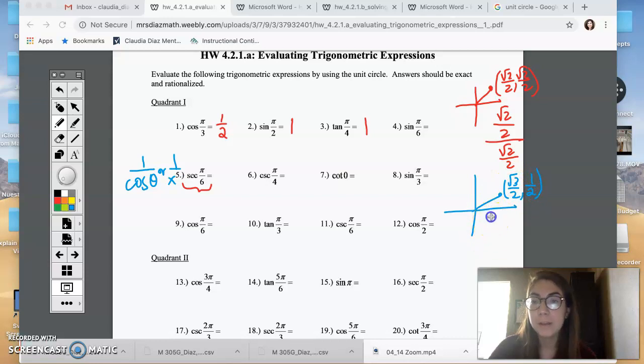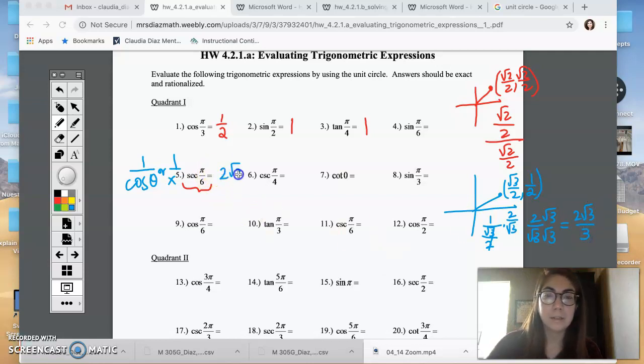Here's the x-coordinate. 1 over root 3 over 2 is the same thing as multiplying by the reciprocal, 2 over root 3. But we can't leave a radical in the denominator, so multiply top and bottom by root 3 over root 3, which gives 2 root 3 over 3. So this answer is 2 root 3 over 3.